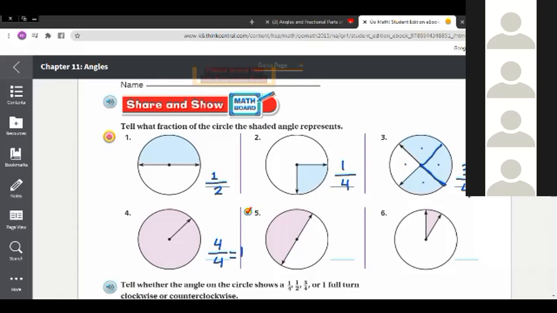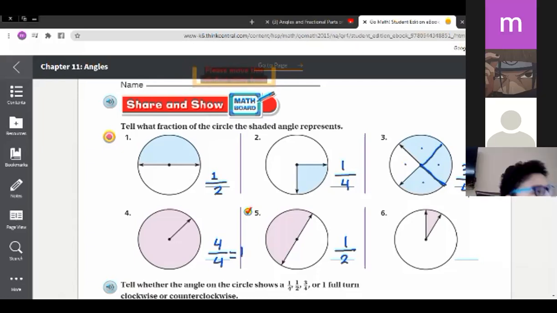Number 5. What is the fraction of number 5? It's purple. What's the fraction of the purple part? How many parts of the circle? 1/2, because one out of two, right?